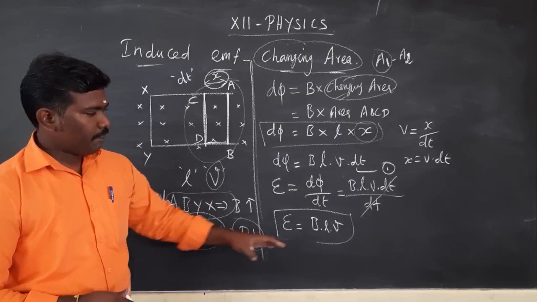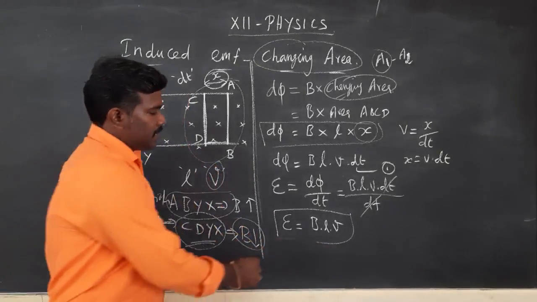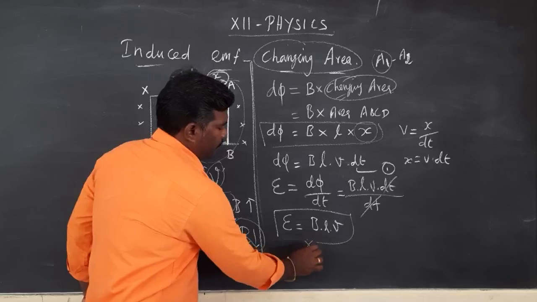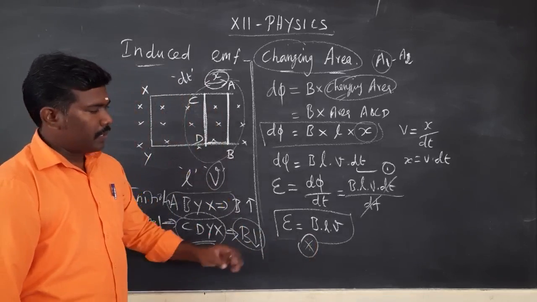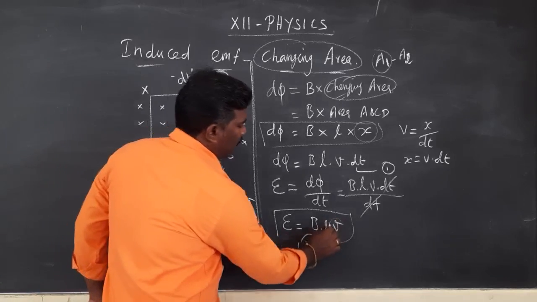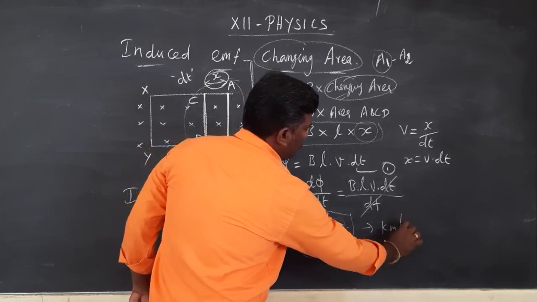Using this right hand side known value, we can easily calculate the induced EMF produced in the given closed path. This is one of the 3-mark derivation parts, and in some numerical problems you are going to calculate the induced EMF. In a few questions, the velocity v is given in kilometer per hour.